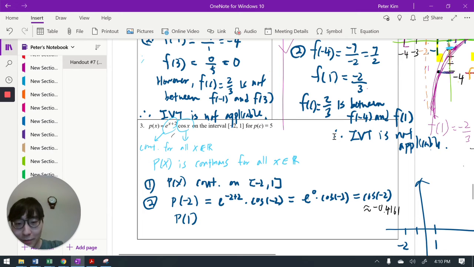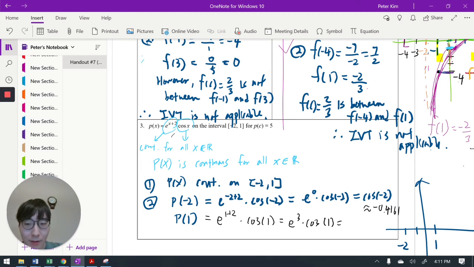Right, and then P of 1. We're saying e to the 1 plus 2, so that will be e to the third power times cosine of 1. What does that give us? Around the ballpark, this is the exact value, e to the third times cosine of 1. That is a number.